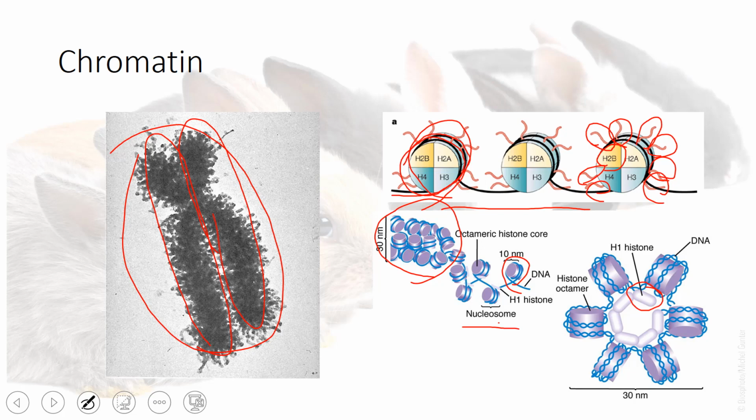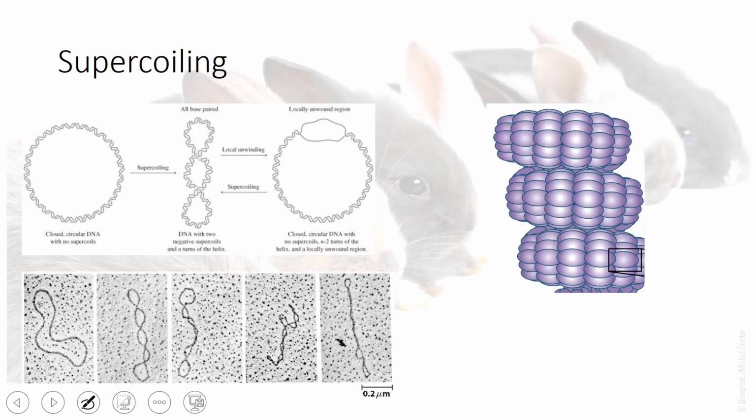And you've got to pack that into the nucleus of that cell, and so it requires a significant amount of condensation. Typically, far more than just nucleosomes, but far less than what you see over here in our super condensed form. So the next step beyond the nucleosomes would be what's called supercoiling.